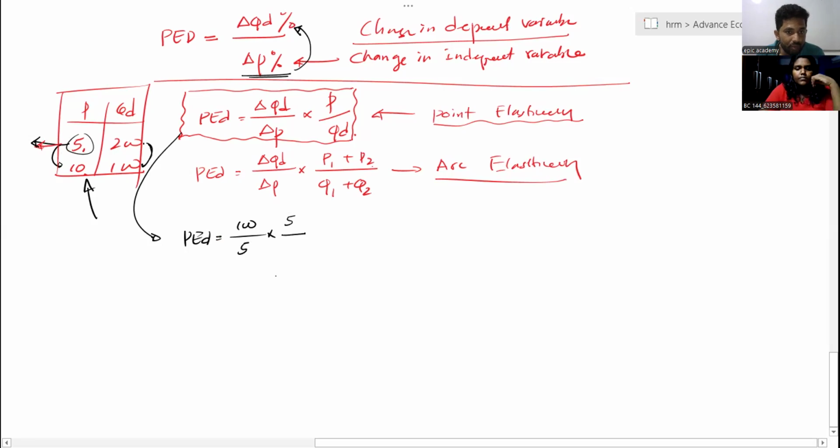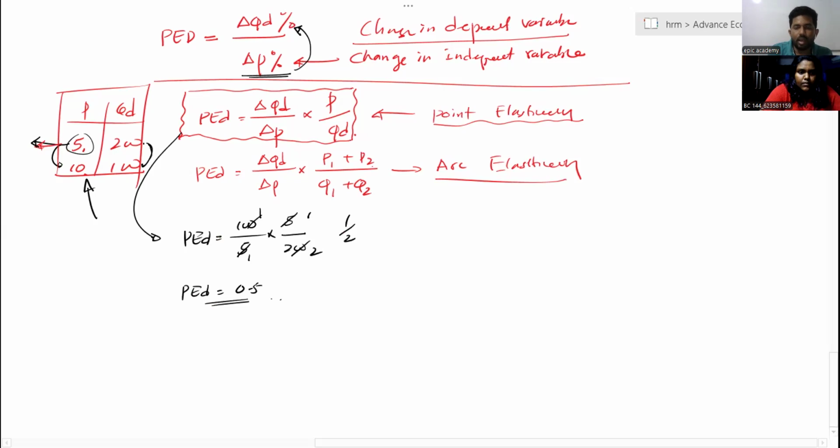For the QD, you had to use 2. Okay, finally, 1 divided by 2. Okay, that means PED equal to 0.5. Okay, this is the final elasticity coefficient.